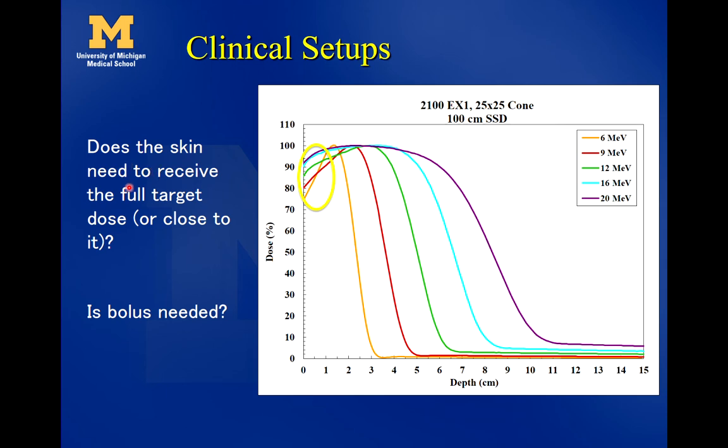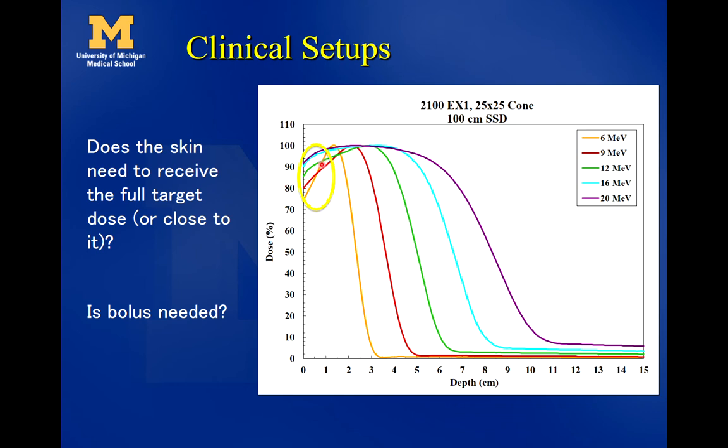Does the skin need to receive the full dose to the target? If we're using a 6 or a 9 MeV electron beam, the skin may not be getting the full dose that we need. Do we need to bolus it? If we're treating some sort of skin cancer right on the surface, we want to make sure that the very surface gets full dose. I may want to throw a centimeter of bolus on this patient.